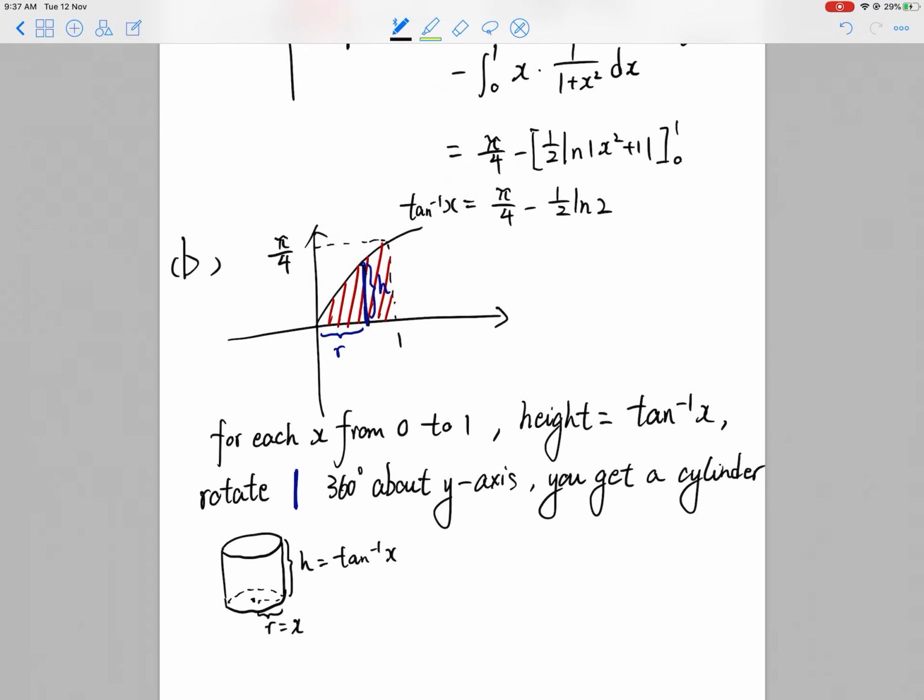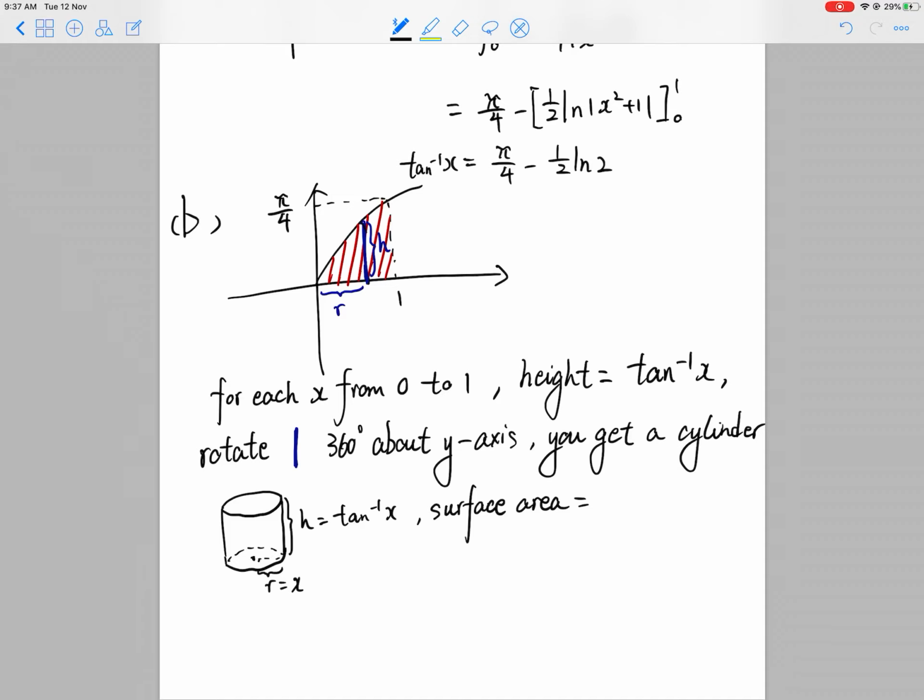So the surface area of the cylinder, right? I mean, surface area, we don't include top and bottom. It's just about the side, right? So the surface area of the cylinder is just what? It is 2 pi r h, right? Which is 2 pi x tangent inverse x.